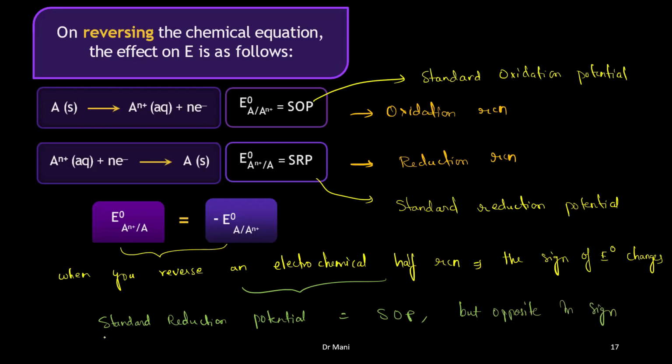And remember, we are not changing any chemical species. The chemical species are the same, but opposite in sign for the same chemical species. Here the reactants and the products are the same. Clear? Yes, sir.